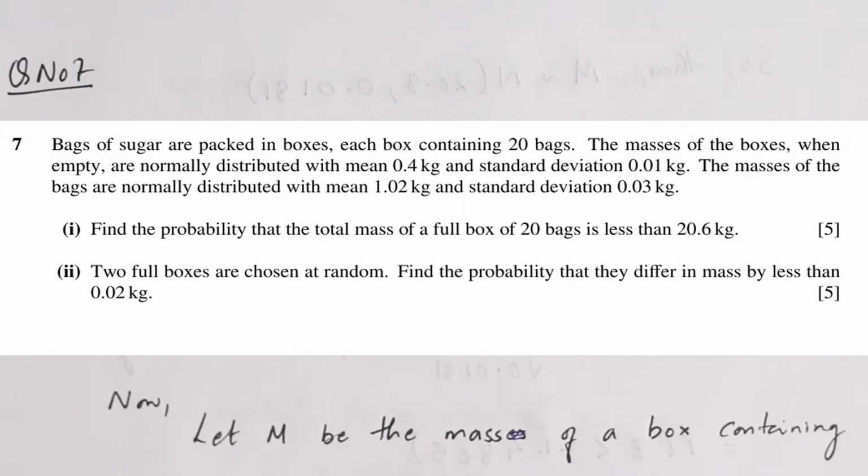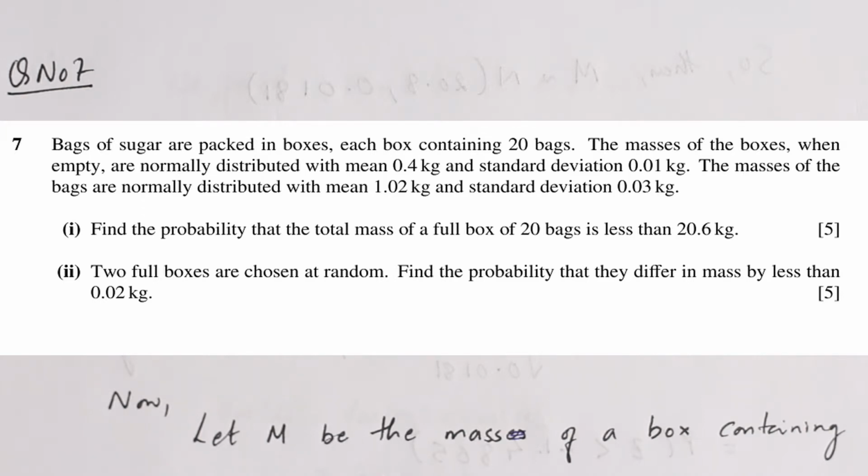Okay, so next we're moving on to question number 7. In question number 7, as you can see in the question, it's given that bags of sugar are packed in boxes, each box containing 20 bags. The masses of the boxes, when empty, are normally distributed with mean 0.4 kg and standard deviation 0.01 kg.